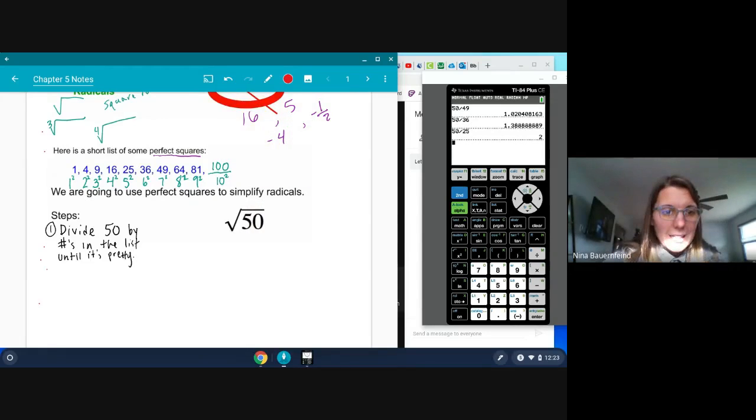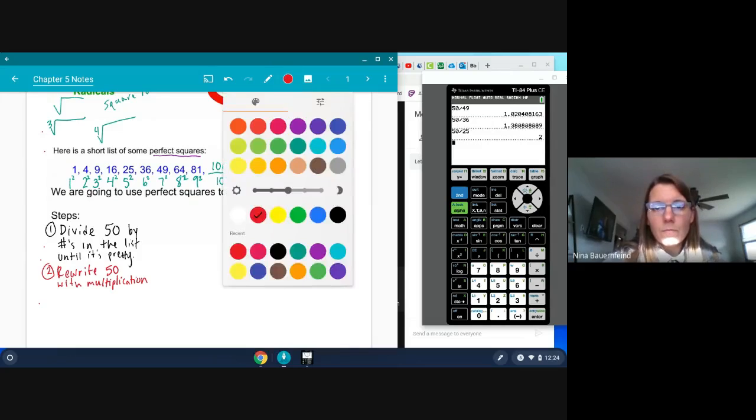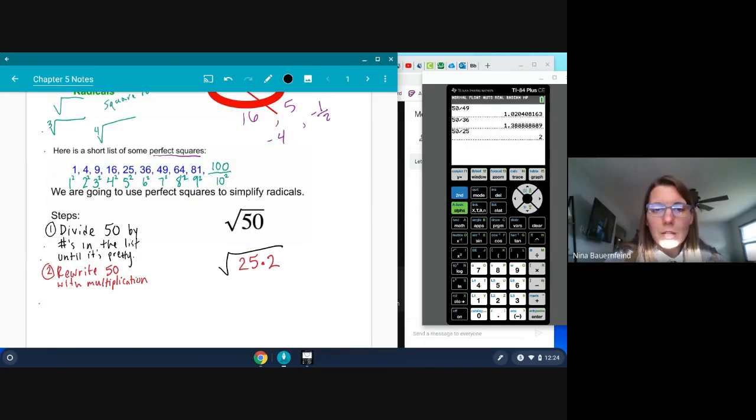So the second step then is to rewrite 50 with multiplication. Instead of 50, I'm going to write that as 25 times 2. Do you agree that 25 times 2 is still the same as 50?